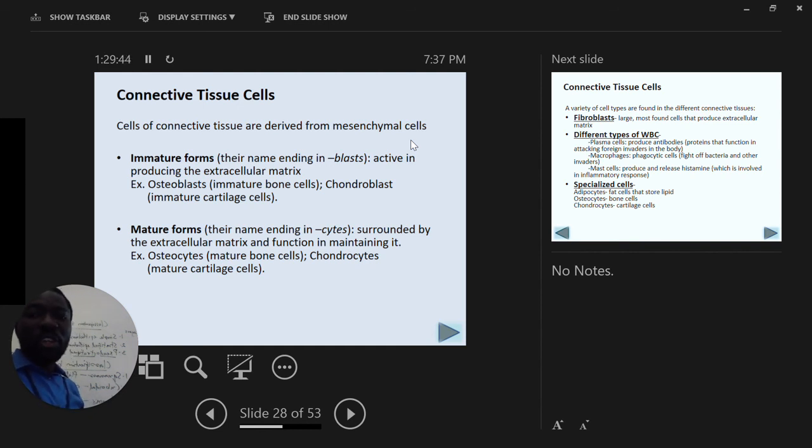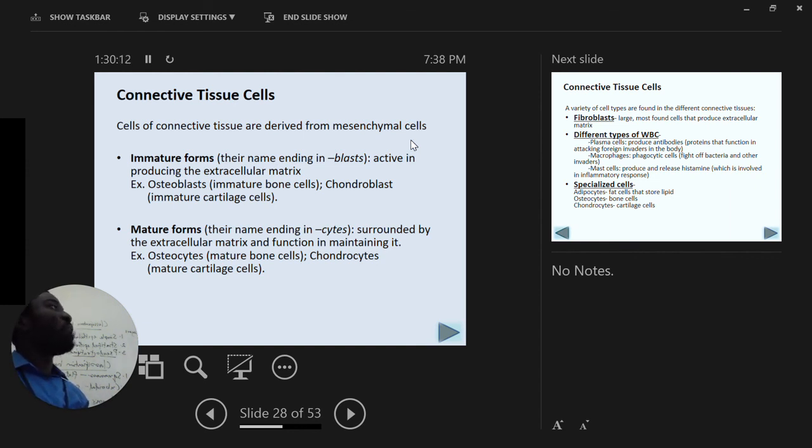Now, immature form. When they are immature, you see the word blast. So you see chondroblast. Anytime you see chondro, C-H-O-N, it means cartilage. Osteo is bone. So osteoblast means immature bone.